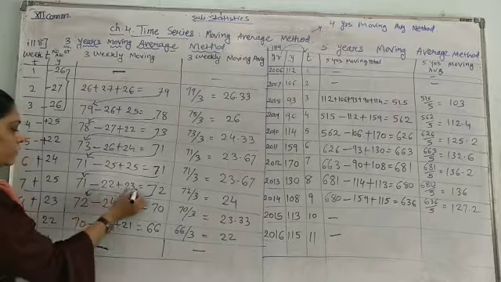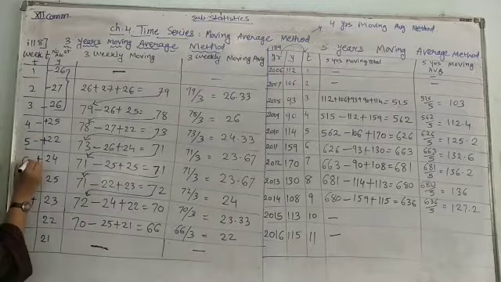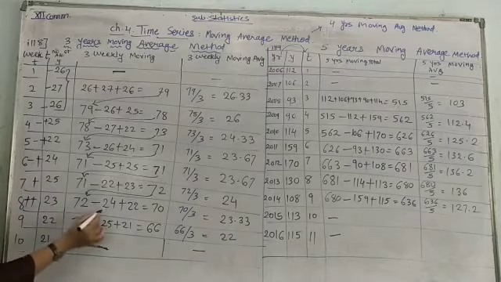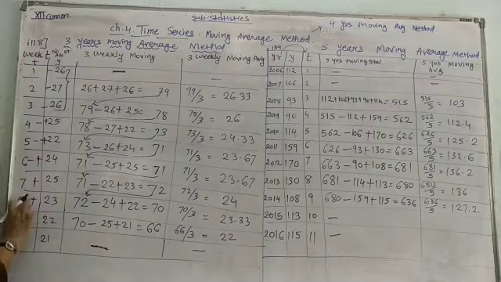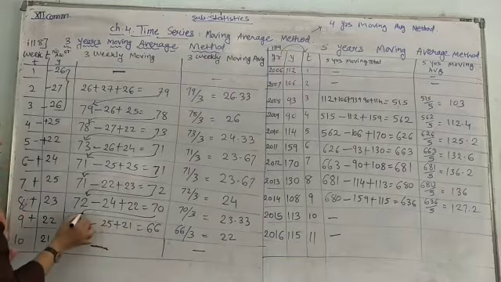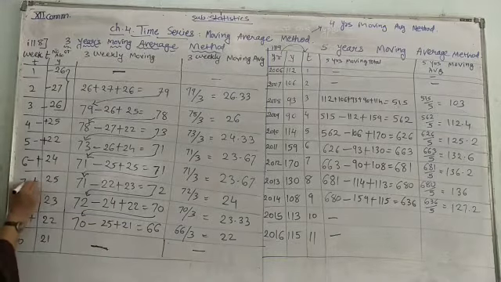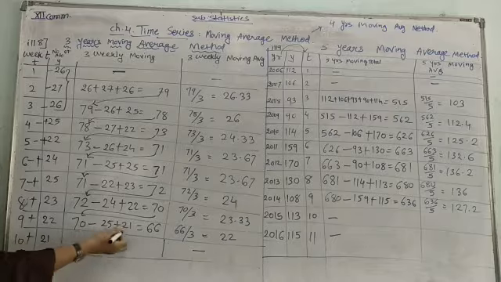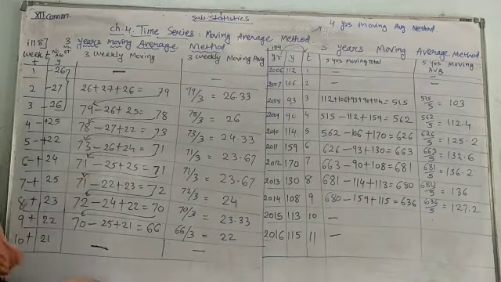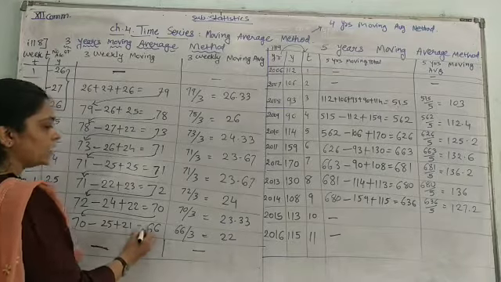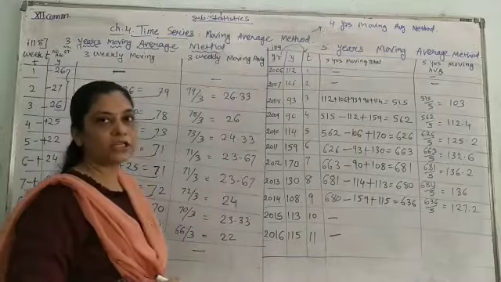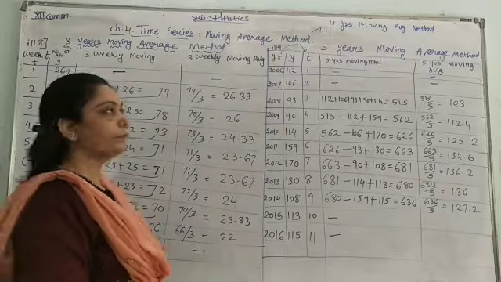Again you come down 72 minus 24 and plus 22. So the answer would be 70. Again last, 70 minus 25 plus 21. So you can see the last week and first week are both taken under calculation. So 66.